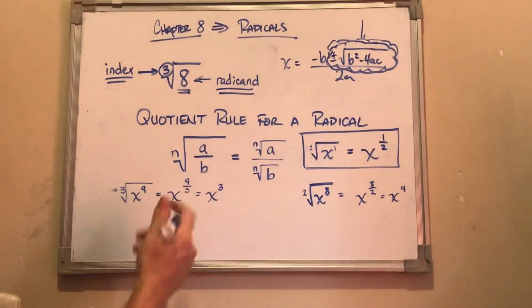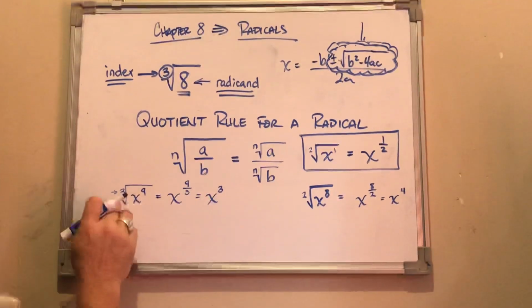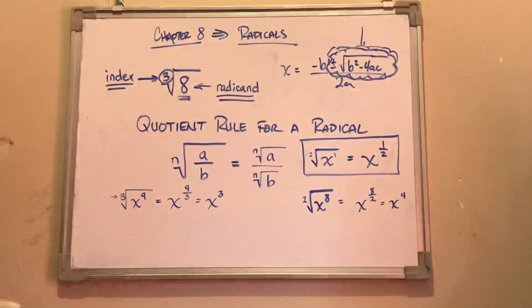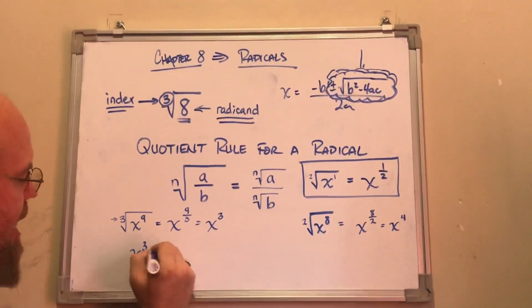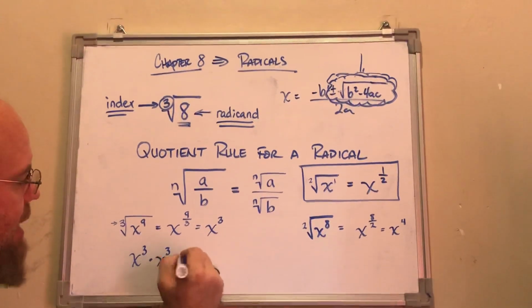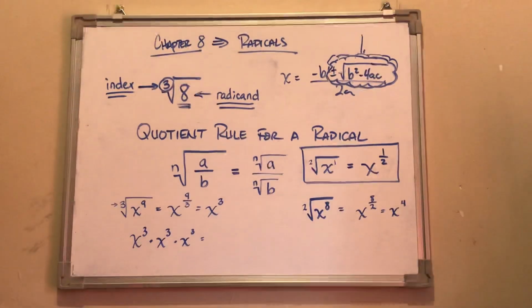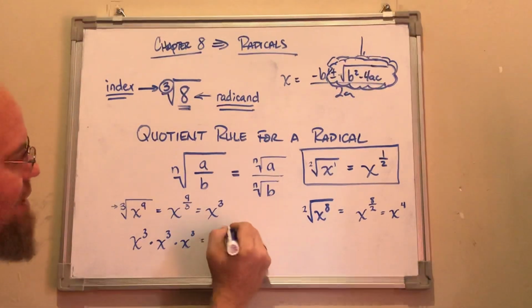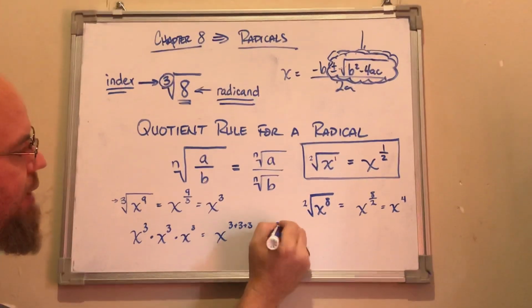Now, does that work? Does x cubed multiplied by itself 3 times equal x to the 9th? Well, sure it does. We've got x cubed times x cubed times x cubed. Remember the exponent rule? This would be the same thing as x to the 3 plus 3 plus 3, which equals x to the 9th.